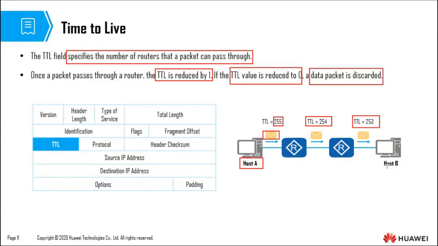But if this particular packet passes how many routers? 255. The 255th router is going to reduce that value to 0, and by doing that, it's going to discard that packet. It's not going to forward that packet further.